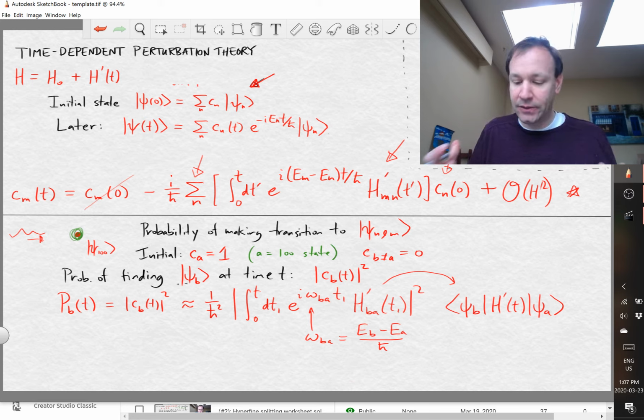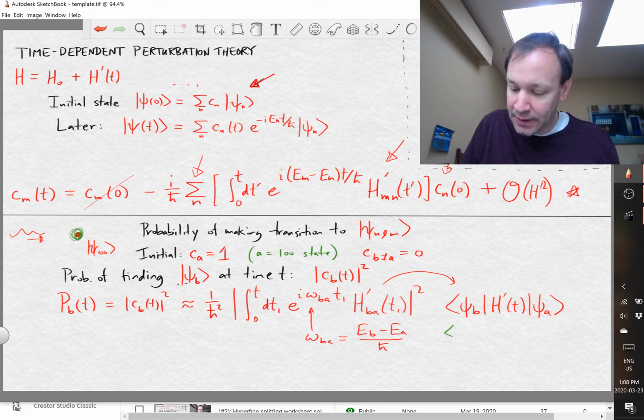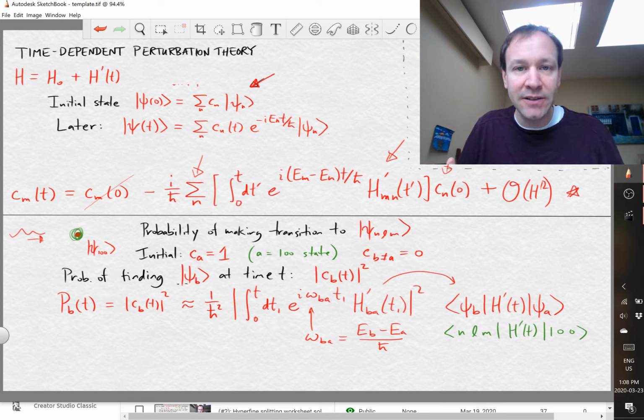Okay, and so that's the full expression for the probability. In our hydrogen example, that would be something like NLM times whatever our perturbation is times the ground state. So we would have to compute that one matrix element. That would probably involve doing some integrals.